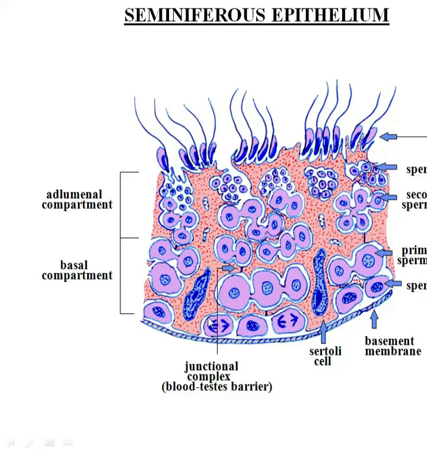If you keenly observe this slide, you will find that this is the nucleus of a Sertoli cell, and all these reddish colored structures with red dots are the cytoplasm of this Sertoli cell. Now the basic function of this Sertoli cell is to provide nourishment to developing spermatogonia. Are you getting the point?